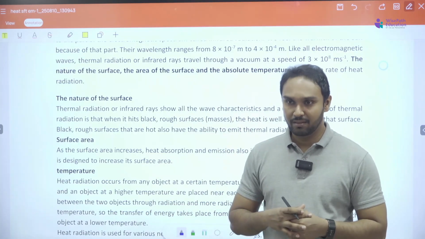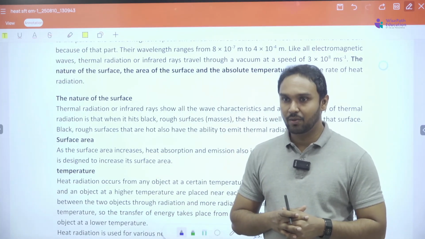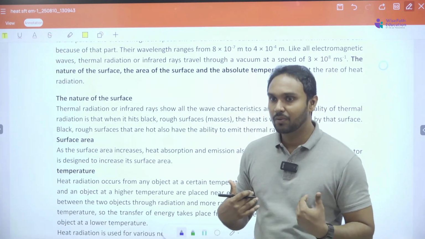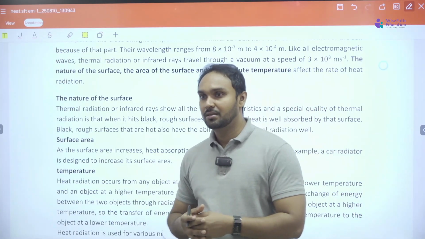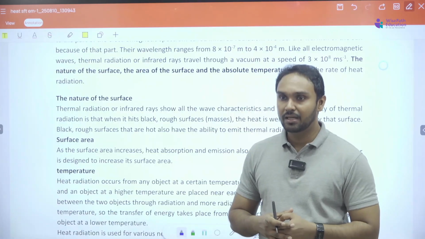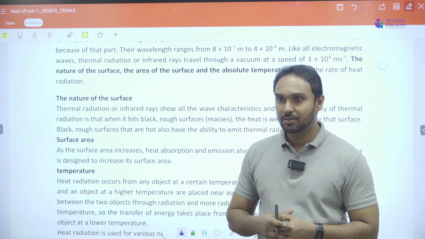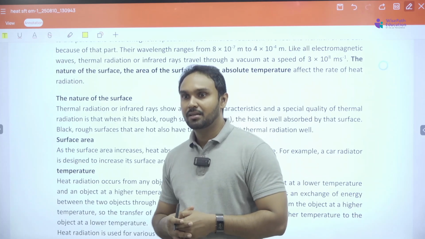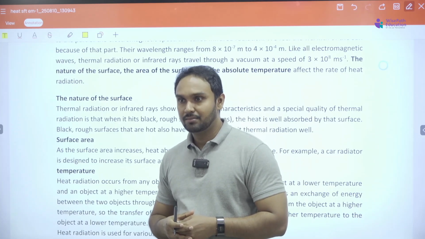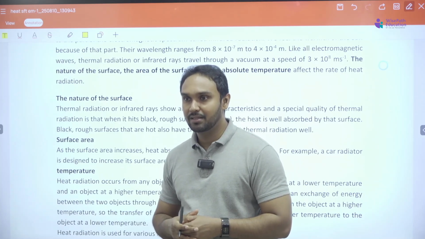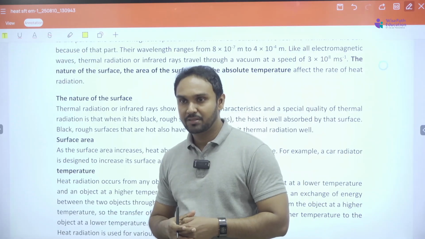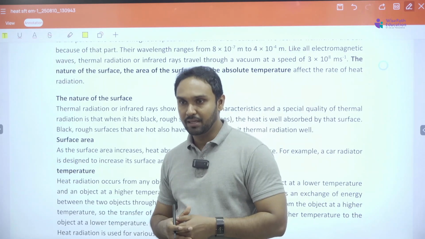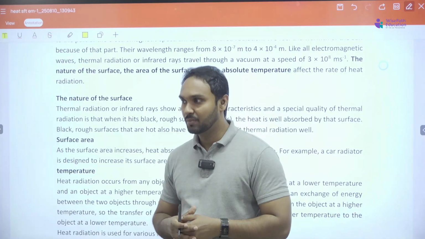If you are wearing black in a cold area, you are more heated than the surrounding, so you are emitting more heat from that black. So you don't wear black in the daytime in the sun, and you don't wear black if it's too cold in the surrounding, right? Because you will start emitting and absorbing more.